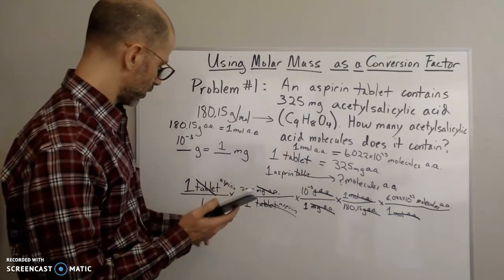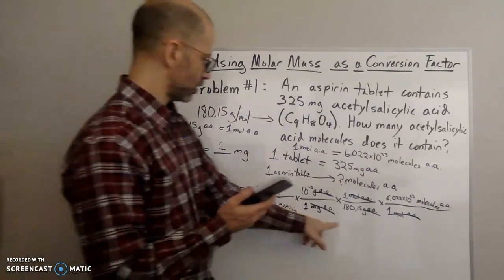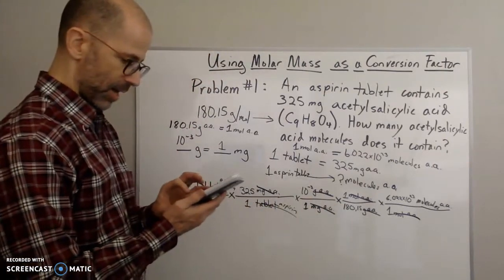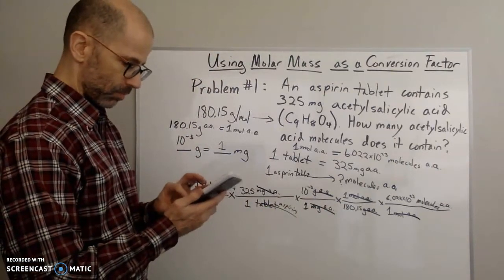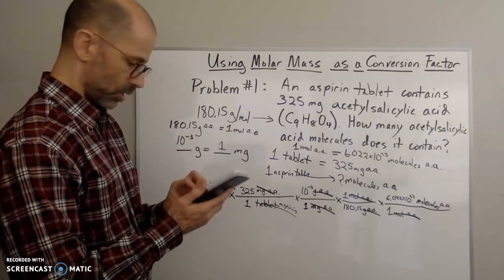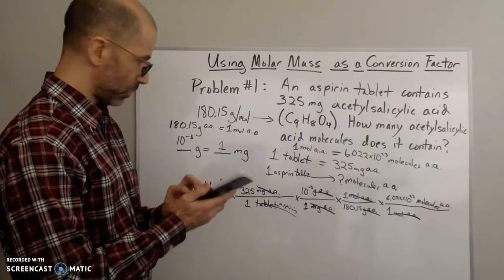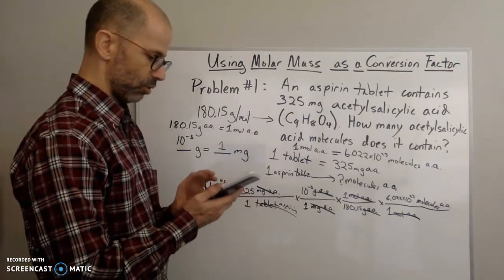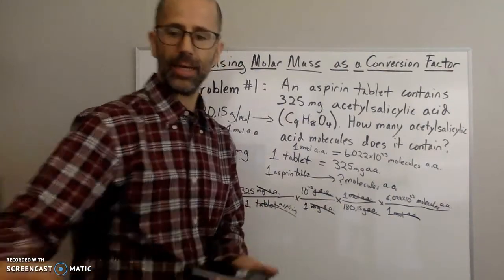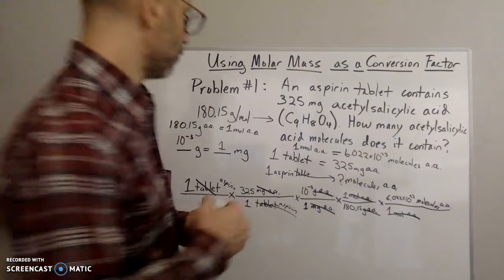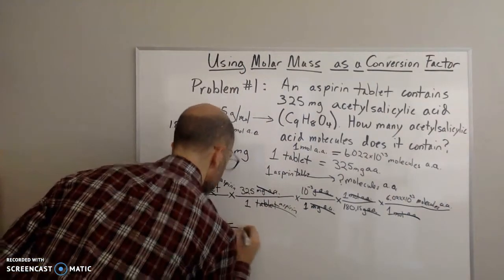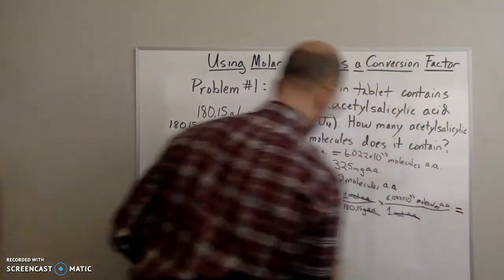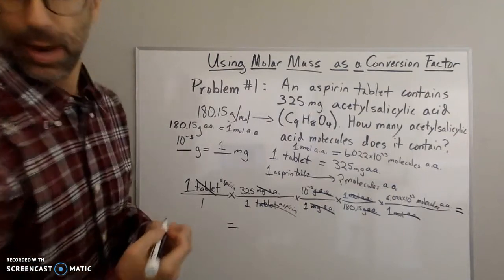Okay, now I'm going to divide by 180.15, and that's a 1, and then equals. And so what I get is, for an answer, right? So my answer is here. I don't have room, so I'll put it here.